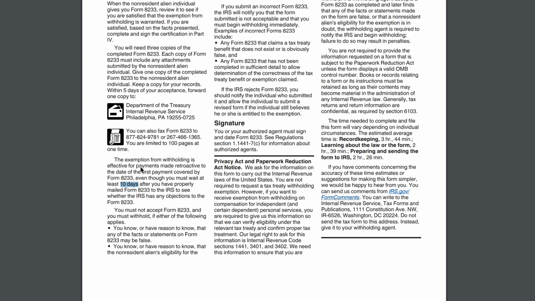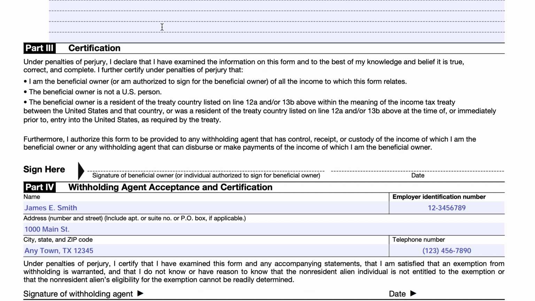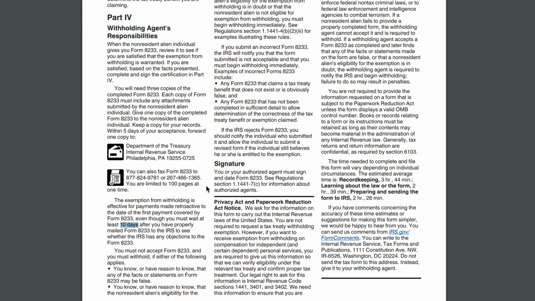So the withholding agent responsibilities, basically, as the withholding agent, you would have 3 copies of this form. One is going to remain with you. One is going to remain with the beneficial owner, and then you're going to forward 1 copy to the IRS office, I believe in Philadelphia, Pennsylvania, right here.